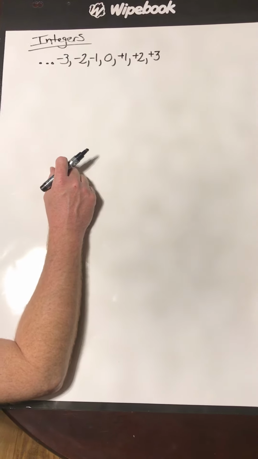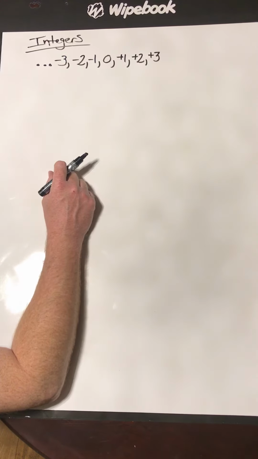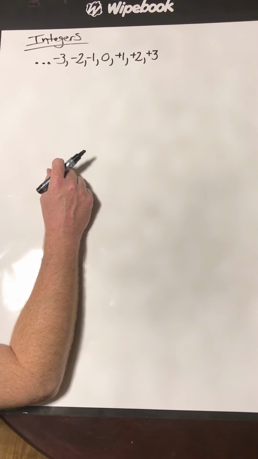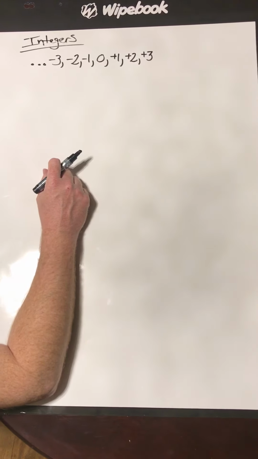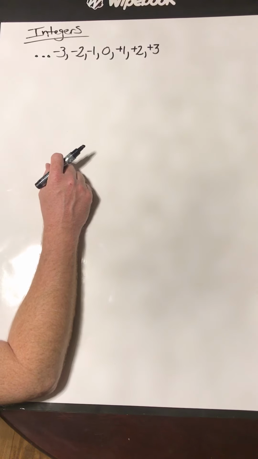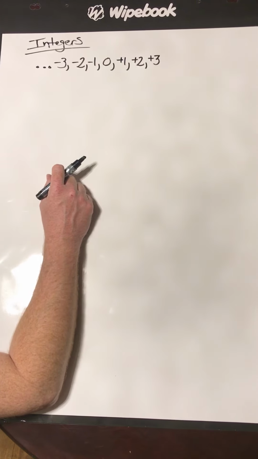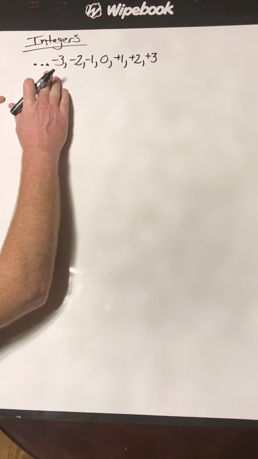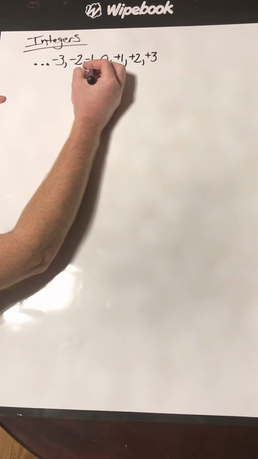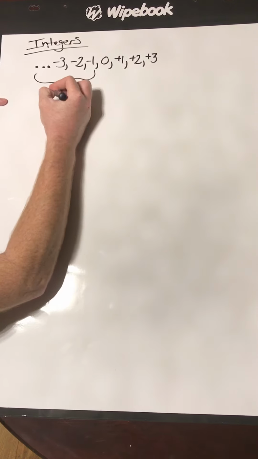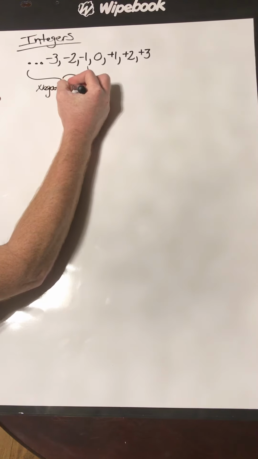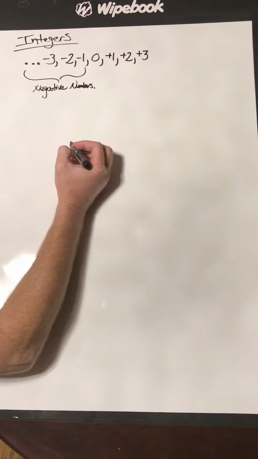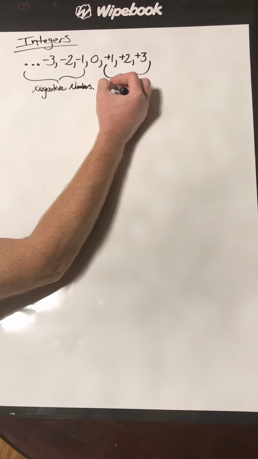We're going to be moving on to a new unit in math, and that unit is going to be on integers. As with everything, we want to try to activate some of the background knowledge we have about integers. Integers are negative numbers, 0, and positive numbers.